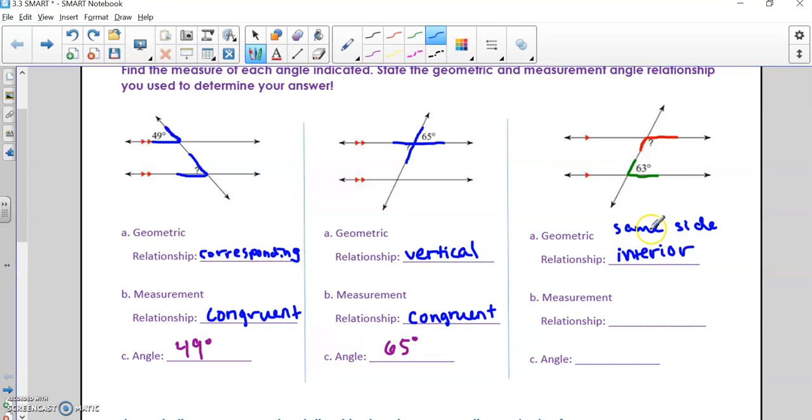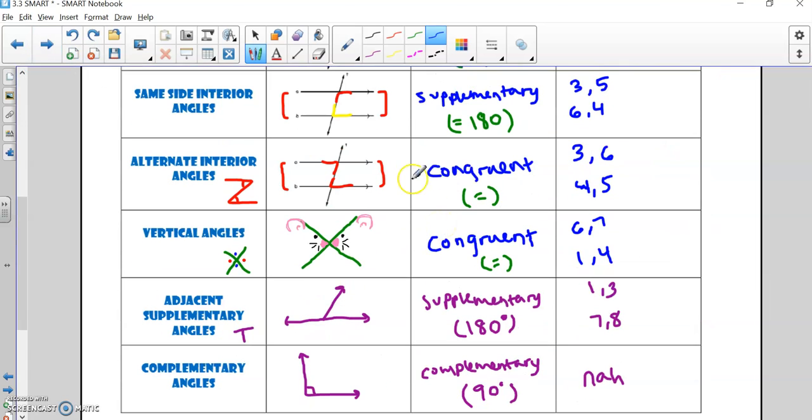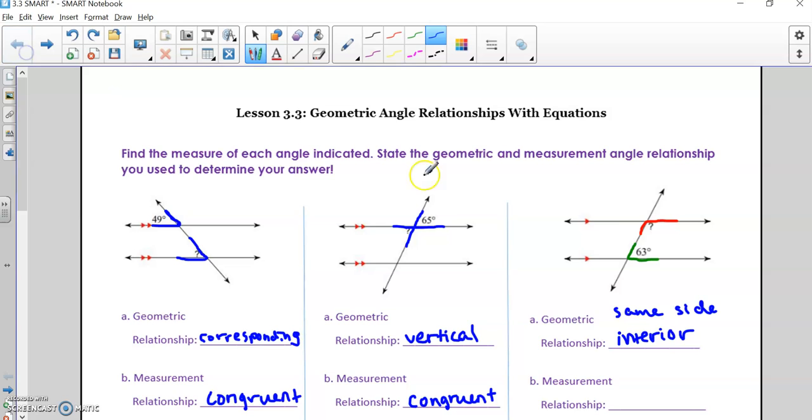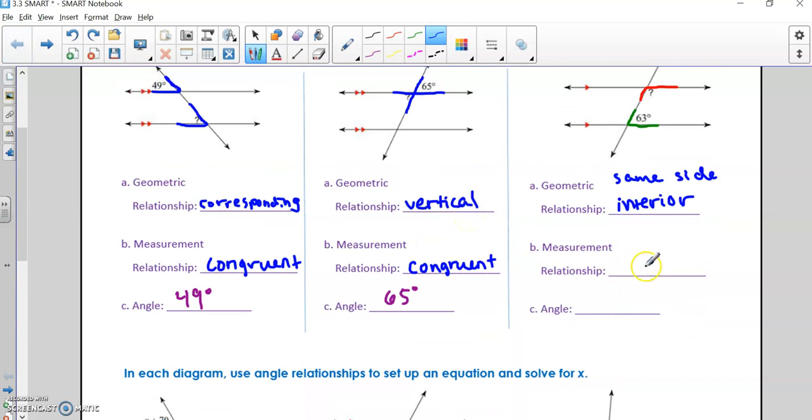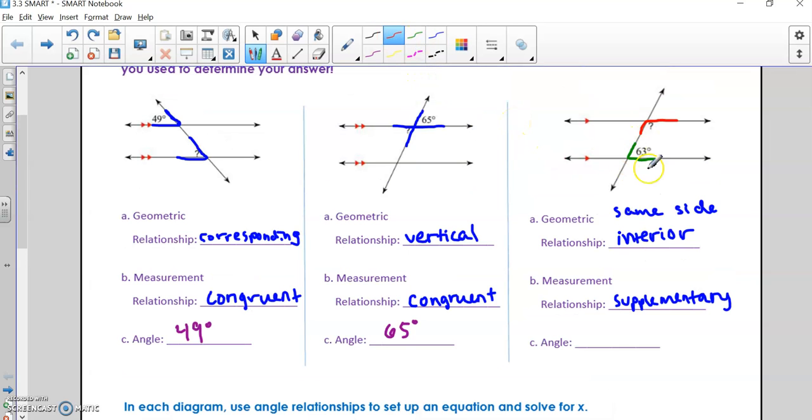Okay, and the measurement relationship between same-side interiors are actually supplementary. So those two angles have to add up to 180 degrees. That's what that's telling us. Okay, so to find the angle in this one, we actually got to figure out what do we need to add to 63 to equal 180.